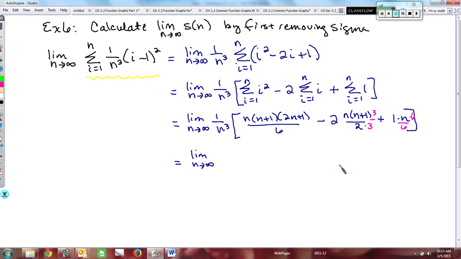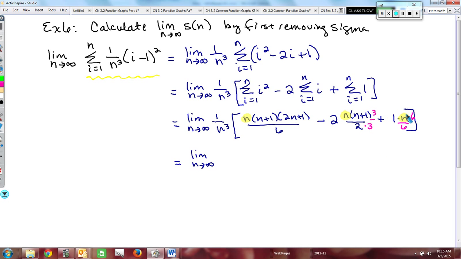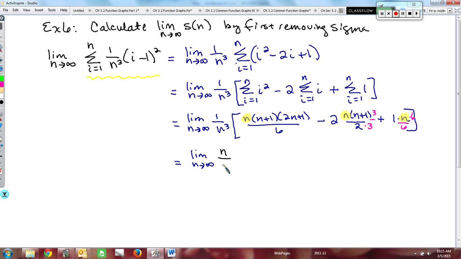One thing that we can do, and I would suggest this, is to recognize that we have a common factor, and pulling that out might make this a little easier. So I'm actually going to pull that n out and put it over the n cubed so that I can look at what I have left here.